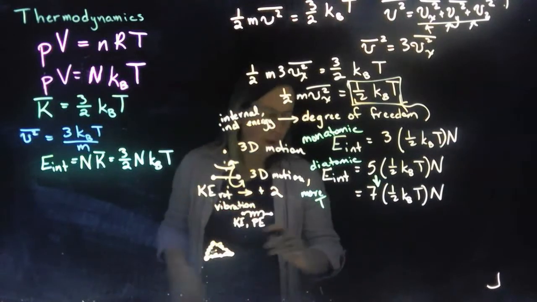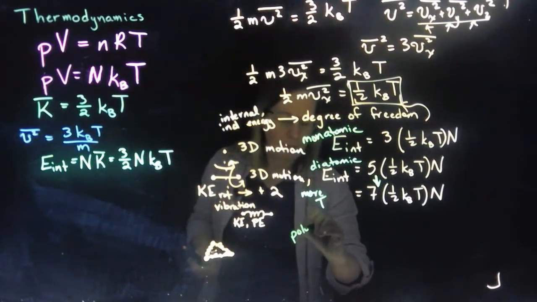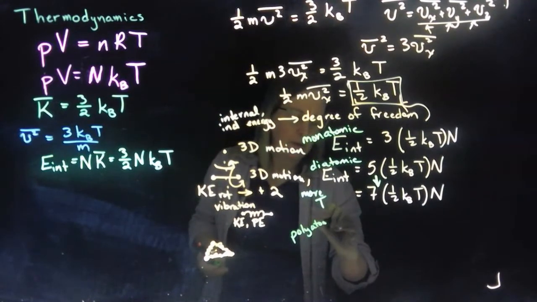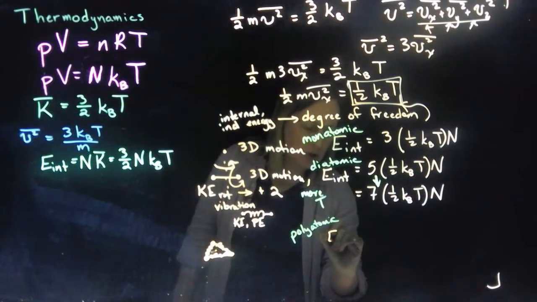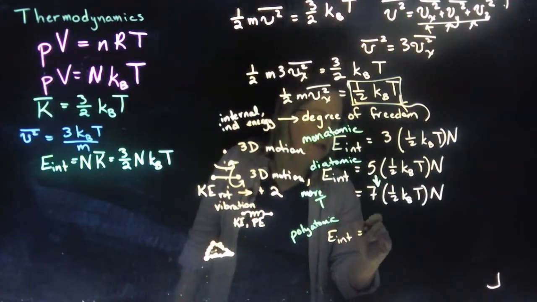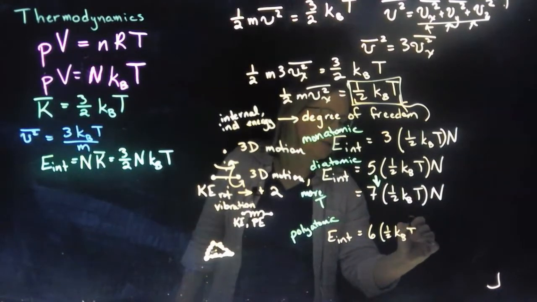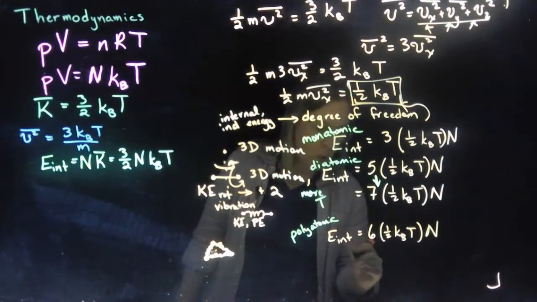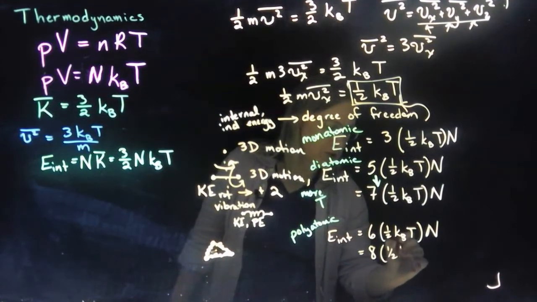And so for polyatomic, we can get our internal energy to equal 6 times 1/2, or 3 kBT N, or it can go to 8 with the vibrational.